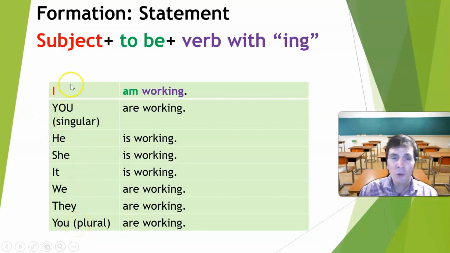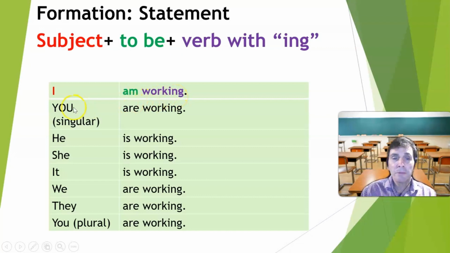And the way we are going to form these is by having the subject, a form of to be, and then a verb with the ing. So in this case, for example, I is the subject, am is the form of to be, and then we've got the verb with the ing.